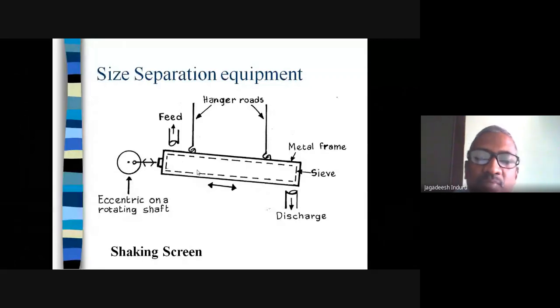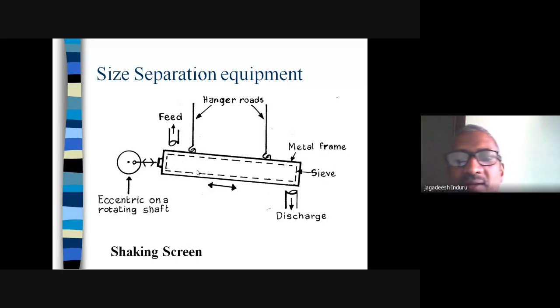Now, if you don't remove the material at the top, my plus material, it will become a batch process. Batch process means you can load 1 kilo or 100 kilo. After the entire thing is separated, you need to stop the machine and remove the top material.